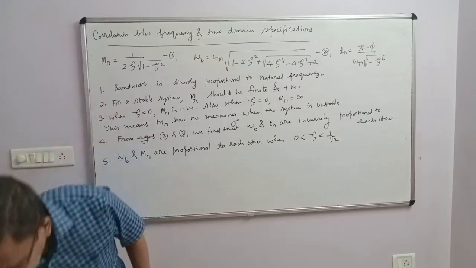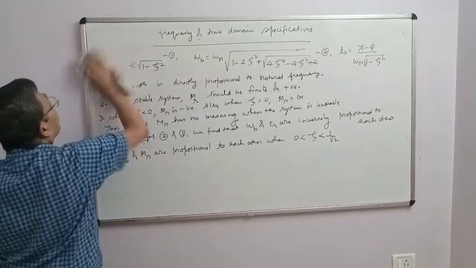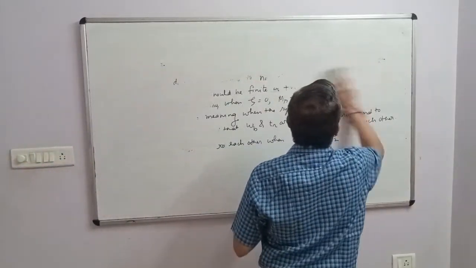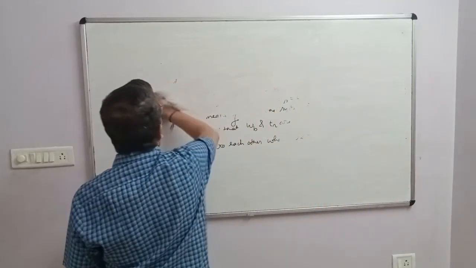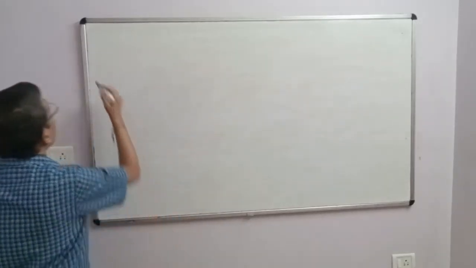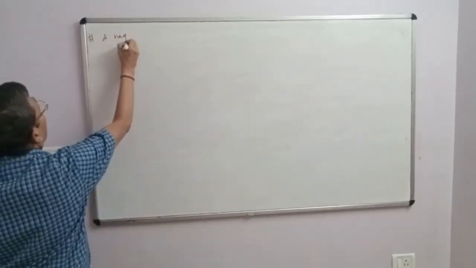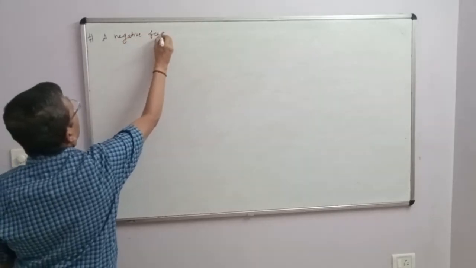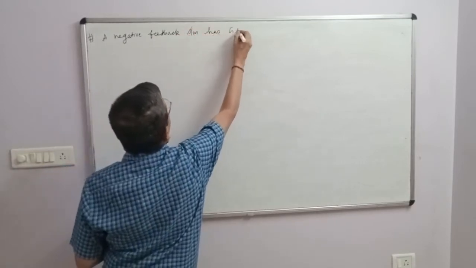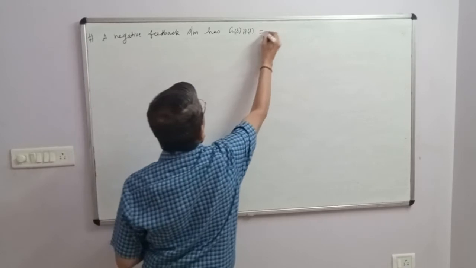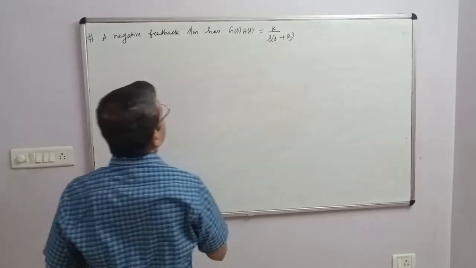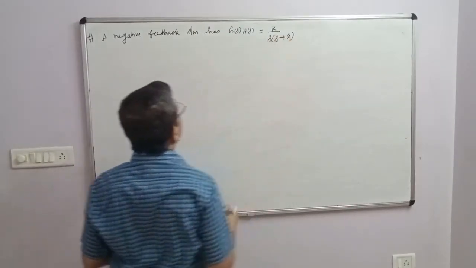Next, we'll do a simple problem. A negative feedback system has G of s, H of s equal to K divided by s into s plus a.